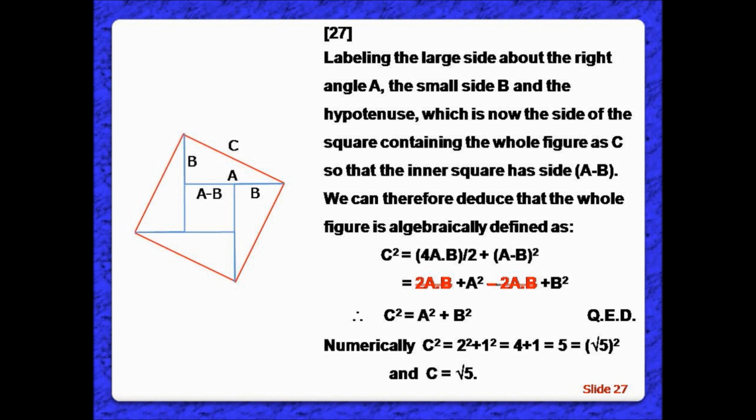Numerically, C squared equals 2 squared plus 1 squared equals 4 plus 1 equals 5 equals the square root of 5 all squared, and C therefore equals root 5.